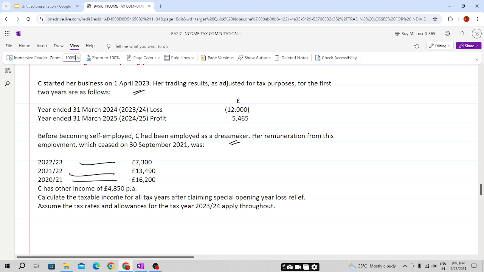C has other income of 4,850 per annum. Calculate the taxable income for the tax years after claiming special opening year relief, assuming that tax rates and allowances for the tax year 23-24 apply throughout the years. So here, students, we need to apply the special opening year relief.